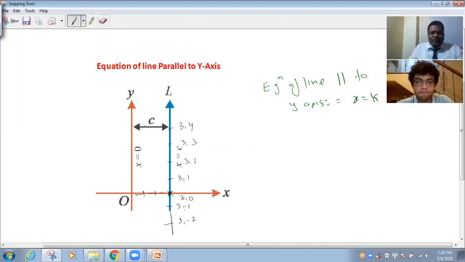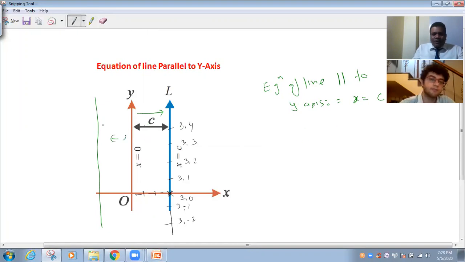Here it is given c, so let's take c. X is equal to some constant term c. If c is positive, you will take the right side. If c is negative, then the line is on the left side. I hope it's clear.